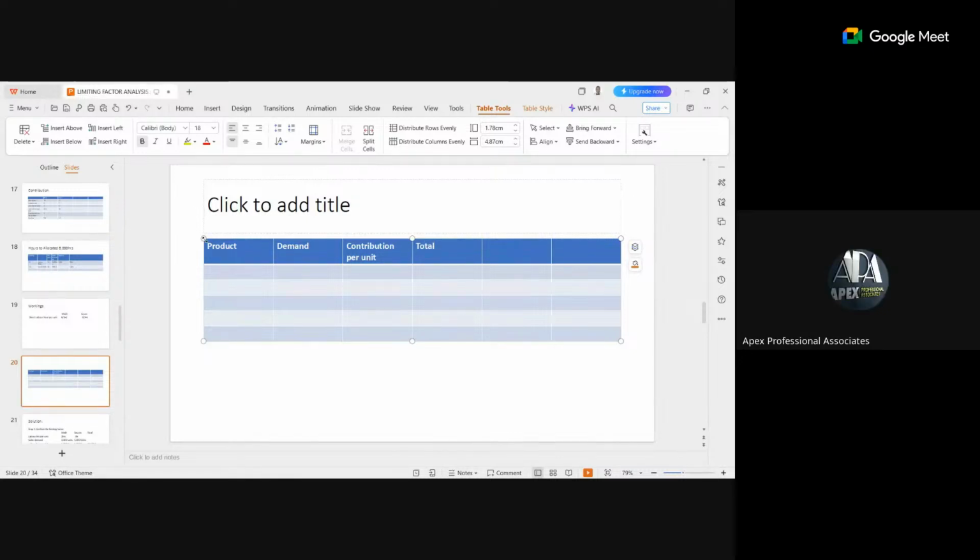So for products now, we have Source. The demand for Source is what? Or the units produced, 5,000. The contribution per unit is 4.